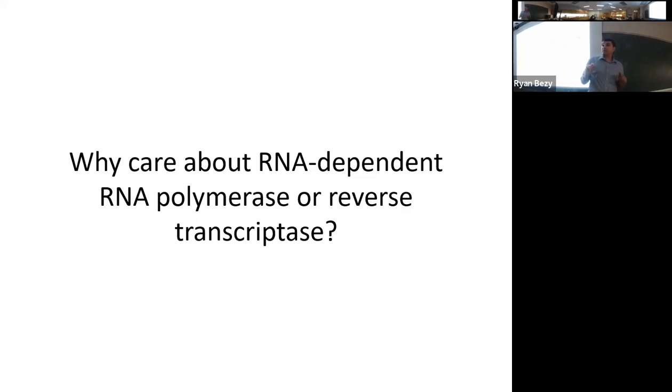Reverse transcriptase, essential to the life cycle of a retrovirus, but humans don't have it. So what I'm basically saying is these two enzymes can be targeted. And if we can have a drug that specifically targets RNA-dependent RNA polymerase or reverse transcriptase, you can stop viral reproduction without harming human cells.